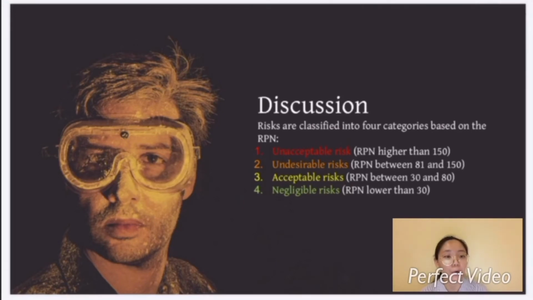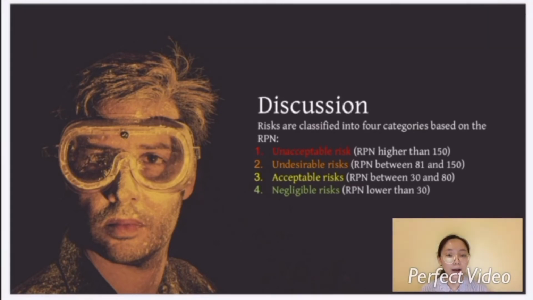Meanwhile, the orange color is for undesirable risk, where the RPN is between 81 and 150, and the yellow one is for acceptable risk with the RPN between 30 and 80. The last one, the green one, is for negligible risk with the RPN lower than 30.